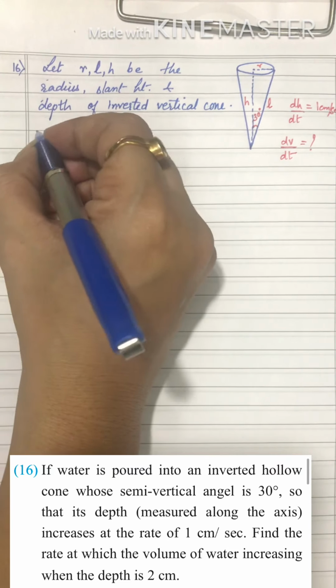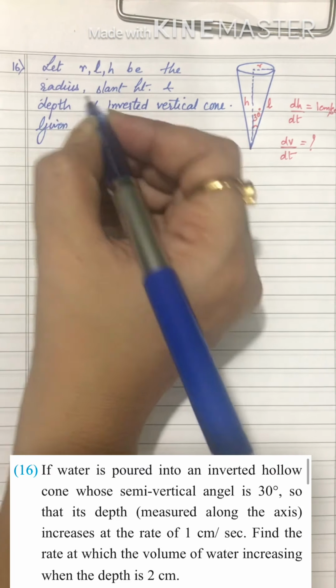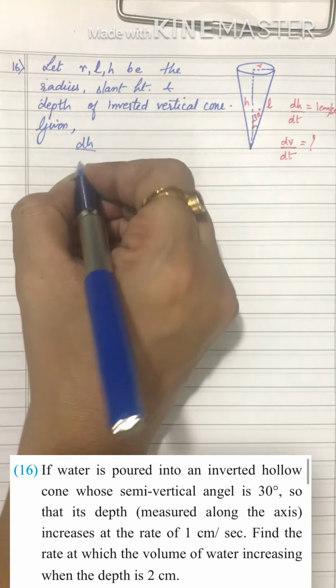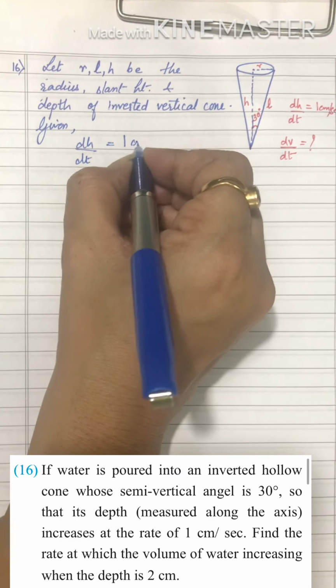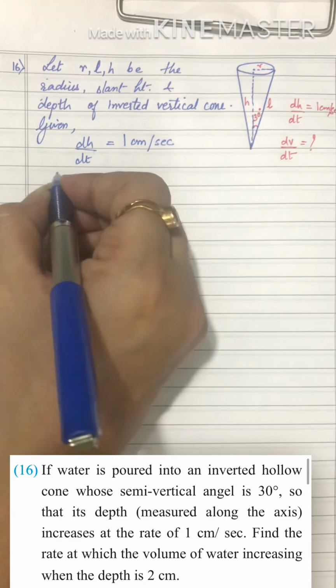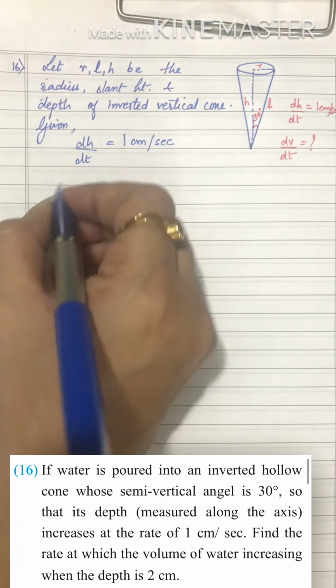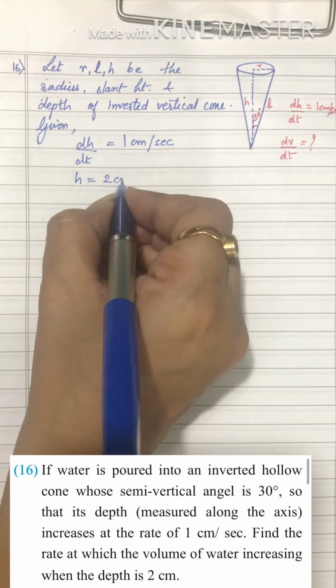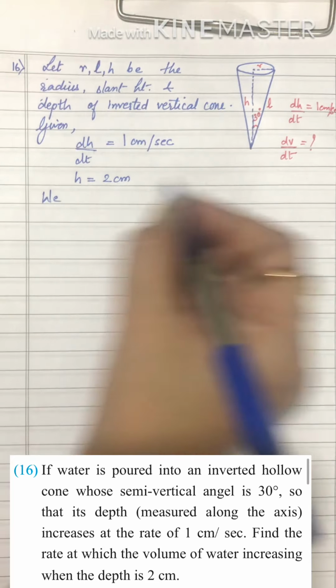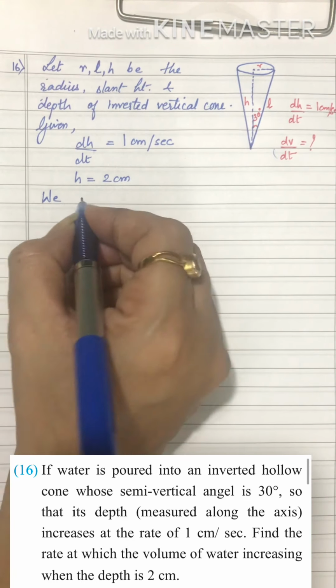So given that dH upon dt is equal to 1 centimeter per second, and dV by dt we have to find out. It's also given height is 2 centimeter. We have to find this change when height is 2 centimeter.